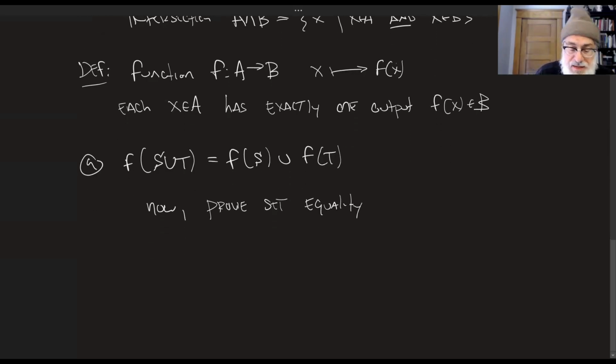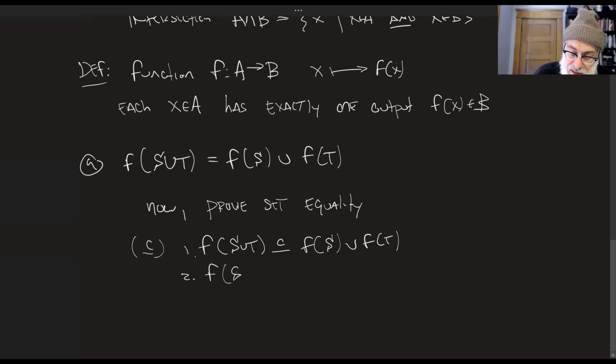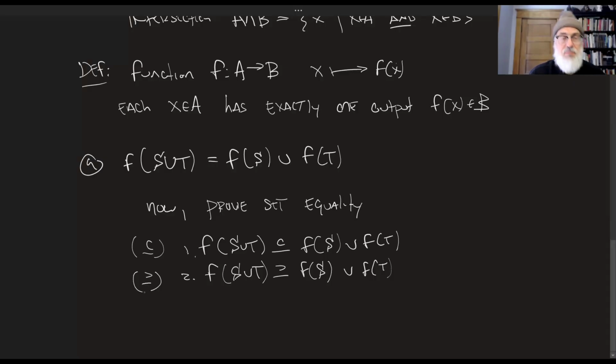We need to show first that f of S union T is a subset of f of S union f of T. Let's think of it as directional containment this way. And then the second is that we will have to show that this is a subset of this. We should think of this as the containment in the other direction.